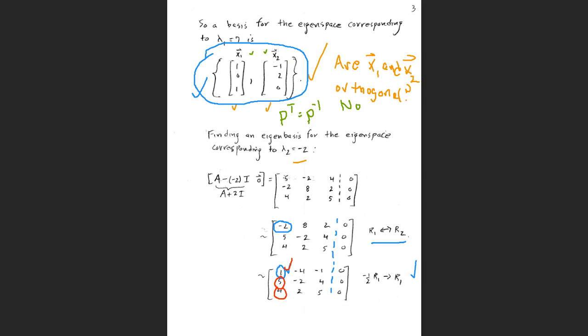Continuing on, if everybody's good here. I take -5 times the first row and add it to the second row, and -4 times the first row and add it to the third row. That's going to generate this nice matrix here.